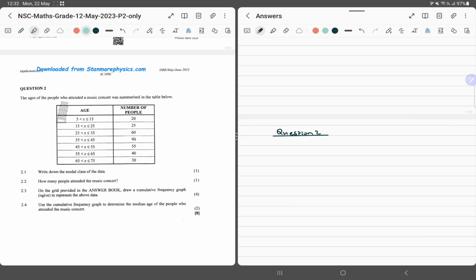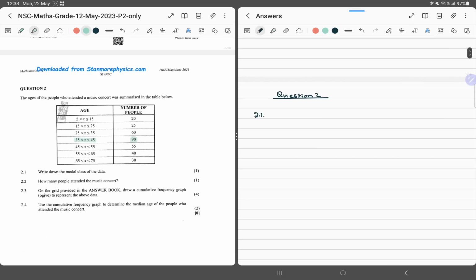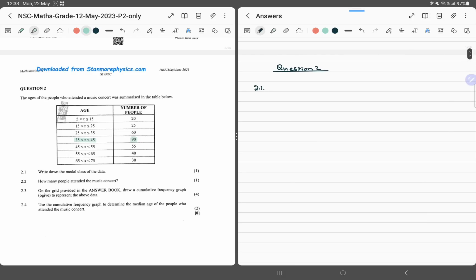The biggest frequency here is 90, so that would be the modal class. This was adults basically. So 2.1, we will answer it like this: x is greater than 35 and less than or equal to 45 years. That's it. So you get a mark for that.